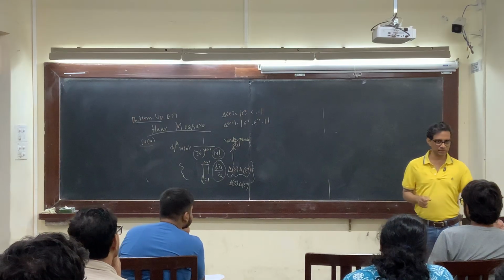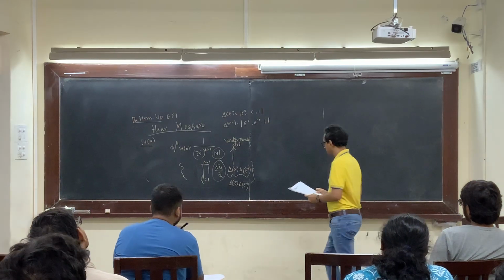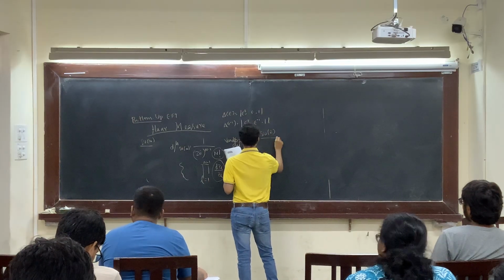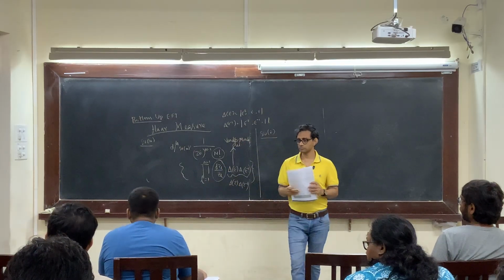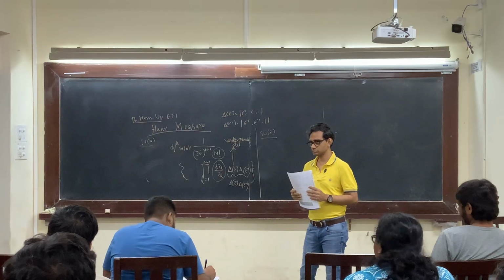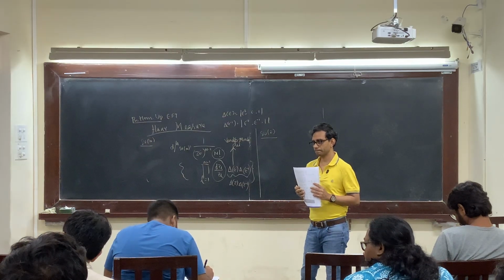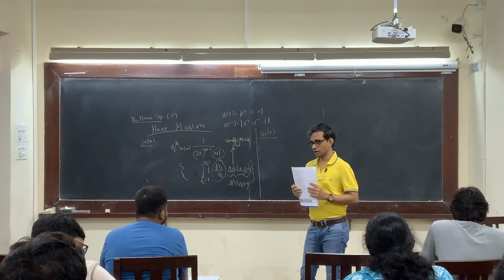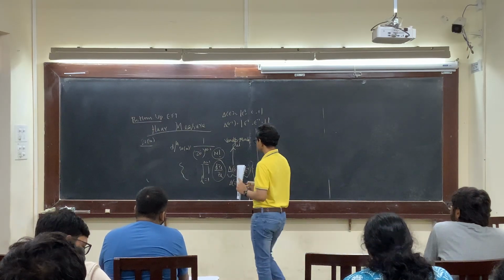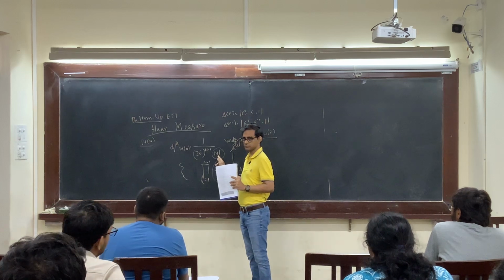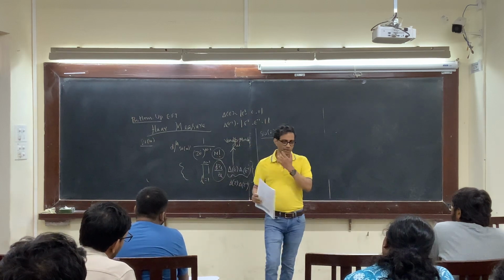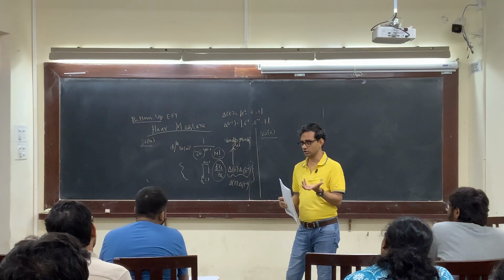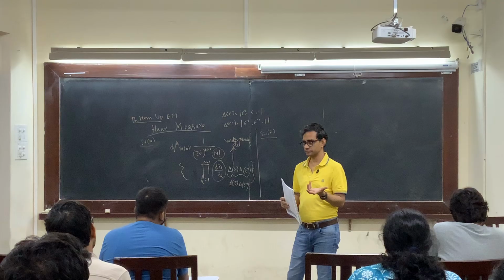Let's see how it looks like. So let's do some example. Which one? No, this is n factorial, because this is the normalization of this volume element. So you have to normalize the volume element. This is from the normalization.